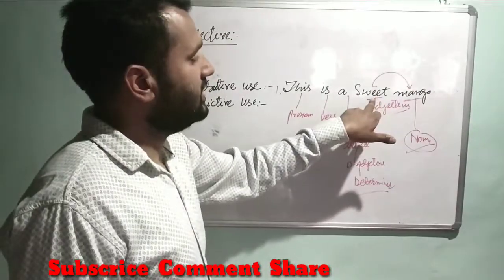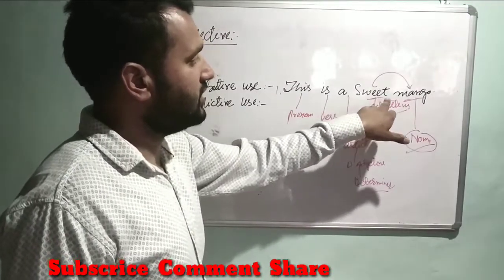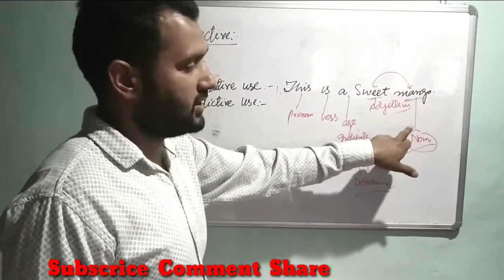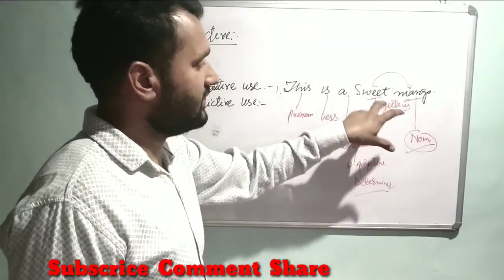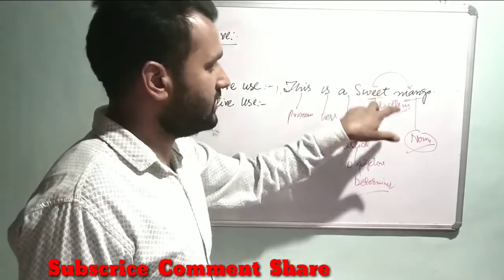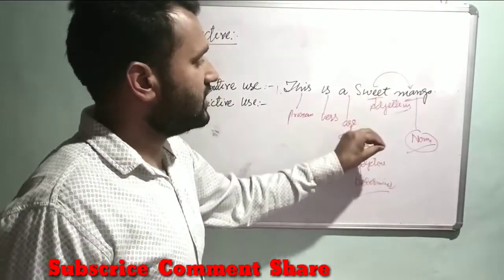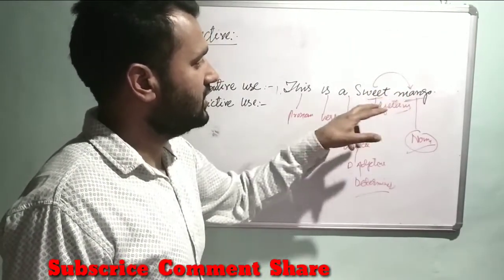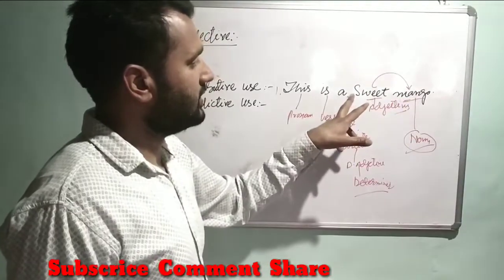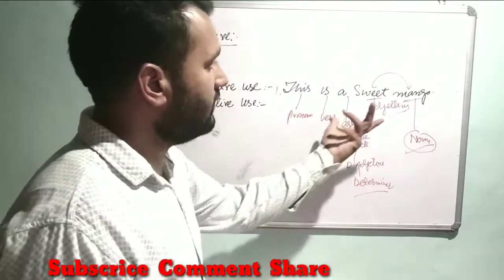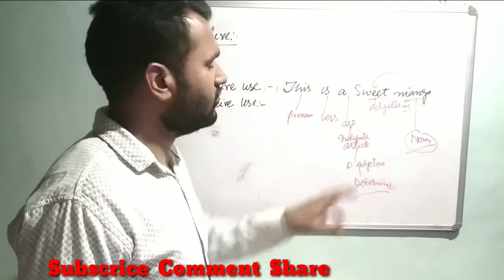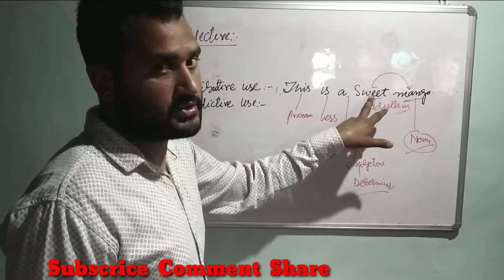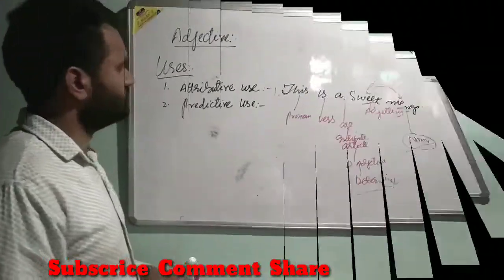We can say that it is the attributive use of the adjective when the adjective is directly qualifying the noun without any insertion of any other word in between the two words. There is direct linkage, direct connectivity, direct modification, and a direct qualifying process taking place between the two words. So this adjective will be having the attributive use over here.